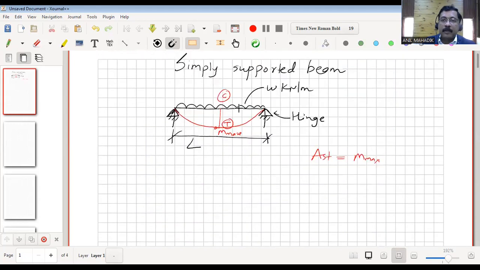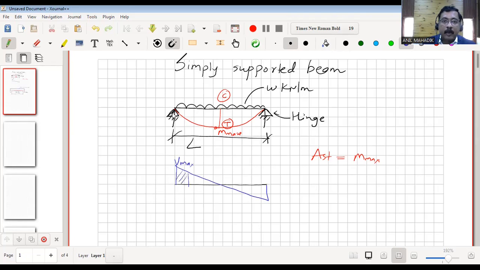We get the shear force diagram like this. Generally, shear force is maximum at the supports, and we have such kind of diagram. So Vmax, or shear force maximum. We generally design the stirrups for maximum shear force. The maximum shear force is near the support. So this is the maximum zone.